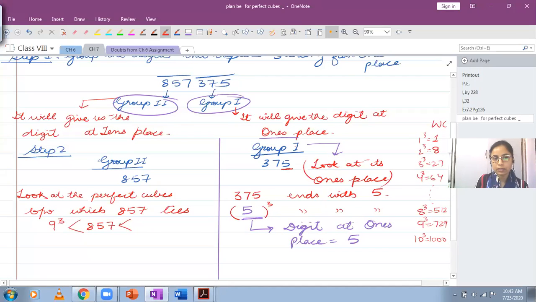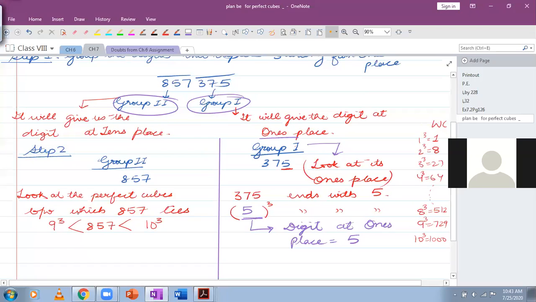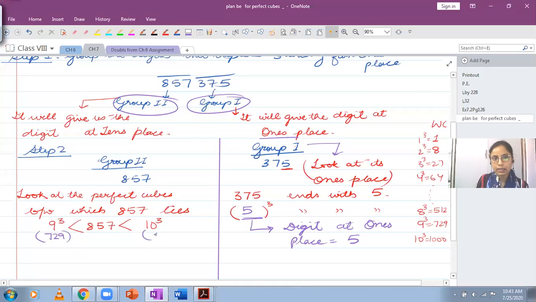So we have 9 cube and 10 cube. If you want, you can write down for yourself that 9 cube is actually 729 and 10 cube actually is 1000. So this lies between these two. And after this, we want to take the one which is smaller. So pick the smaller one.